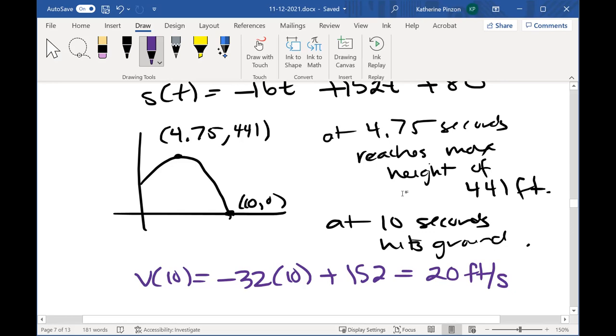Because it's negative 32 times 10, that's negative 320, plus 152. I made it negative 132, which is clearly wrong. What do you get? I got negative 168. Clearly, the velocity is negative because it's going towards the ground. See, never rely on my calculator.